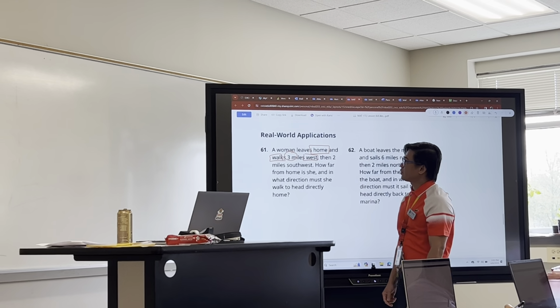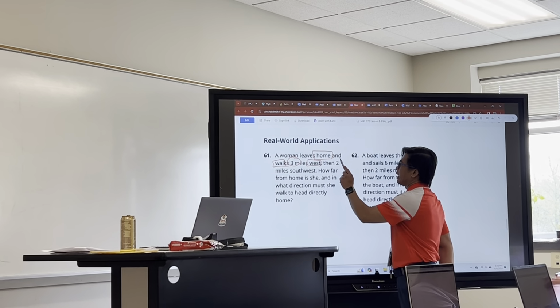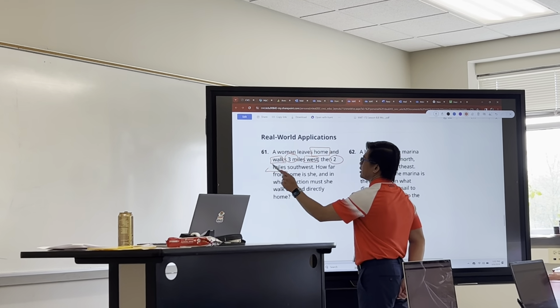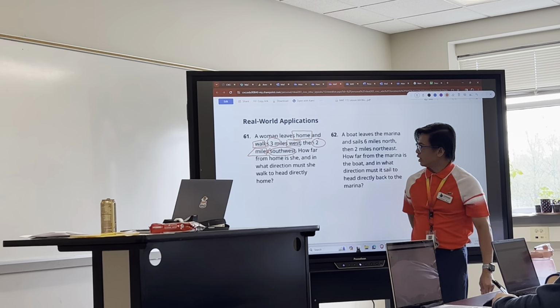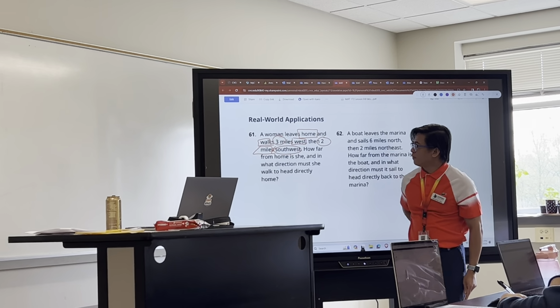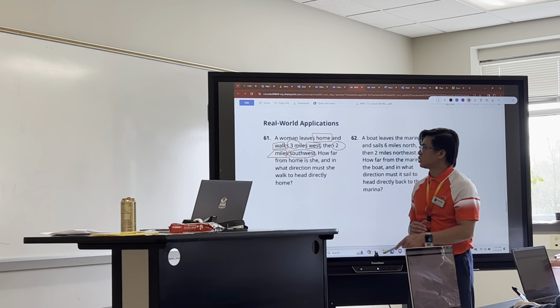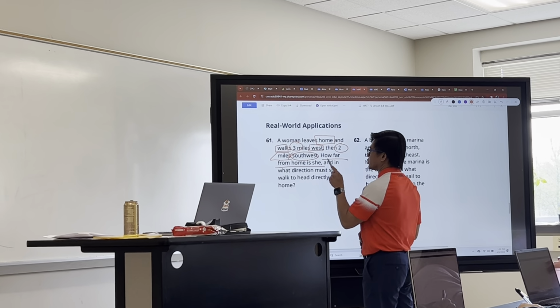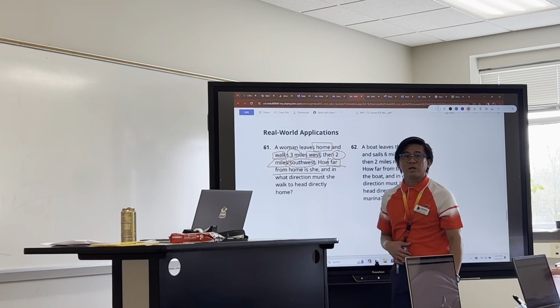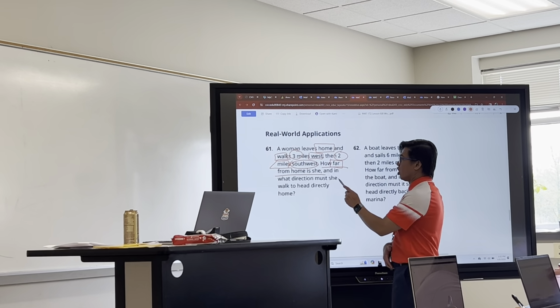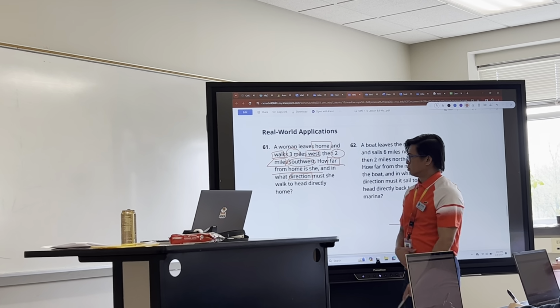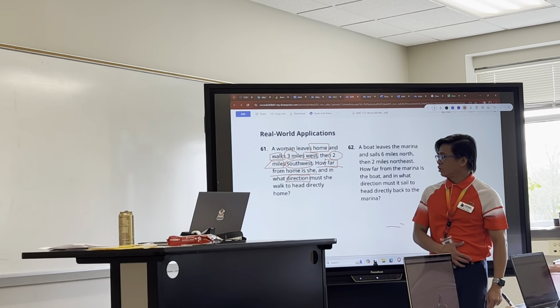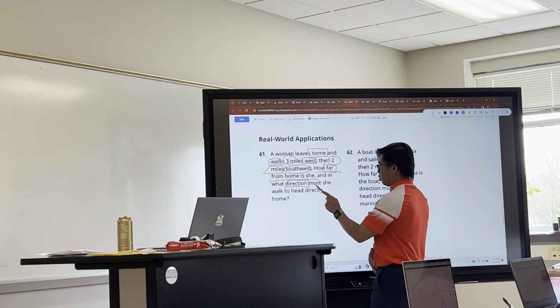After that, she walked again 2 more miles southwest in this case. The question now is, how far from home is she? That's the distance, what we call the magnitude. Also, in what direction must she walk to head directly home?